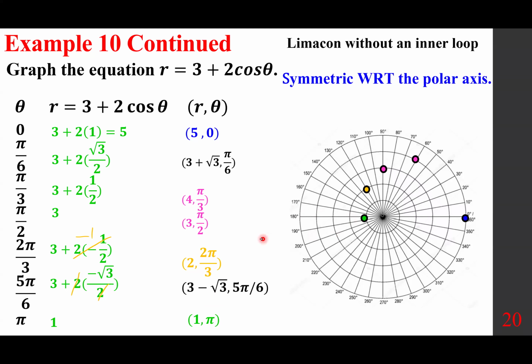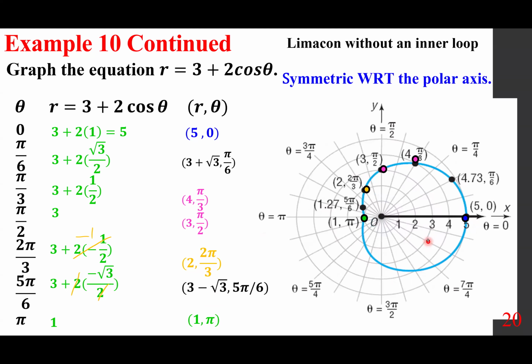And I hope you see the graph looks like this, and then it continues in the same manner because it's symmetric. If you graph this, the bottom looks identical to that because it's symmetric with respect to the polar axis.